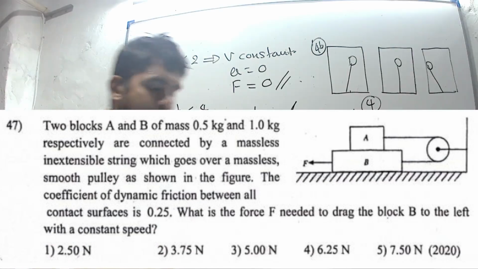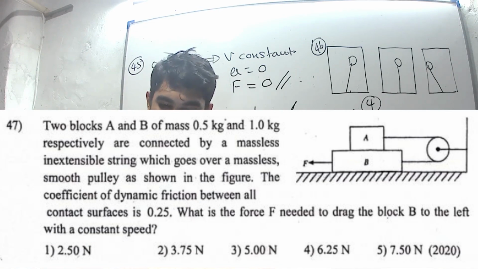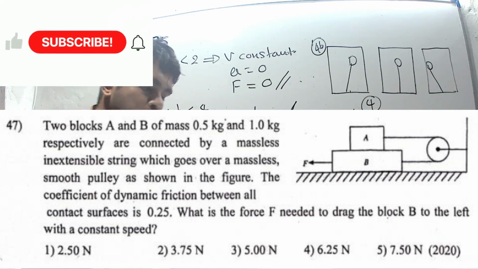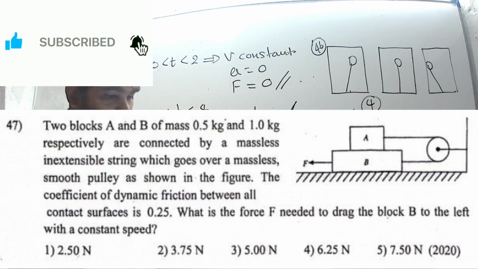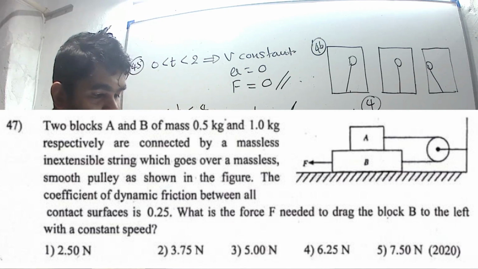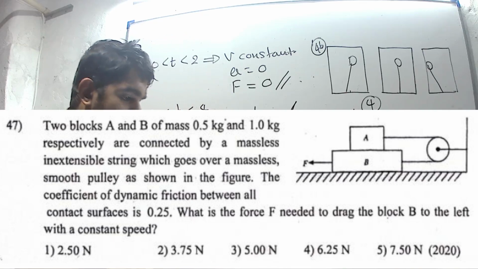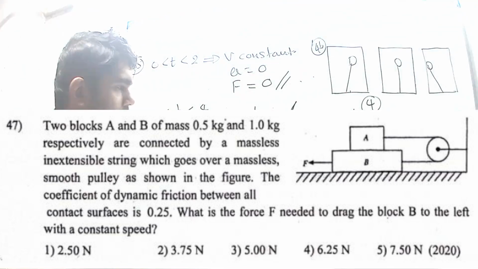Two blocks A and B of mass 0.5 kg and 1 kg respectively are connected by a massless inextensible string which goes over a massless smooth pulley as shown in the figure. The coefficient of dynamic friction between all surfaces is 0.25. What is the force F needed to drag block B to the left with a constant speed?